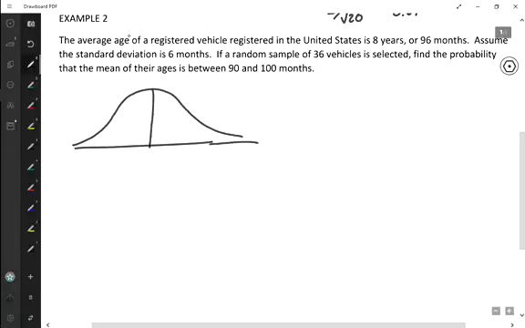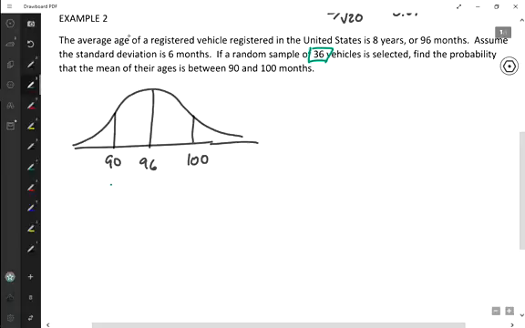We know our average here is 96, and we want to know from 90 up to 100. Now again, we're not selecting one individual car and finding the probability it's between 90 and 100. We're selecting a sample of 36 vehicles.